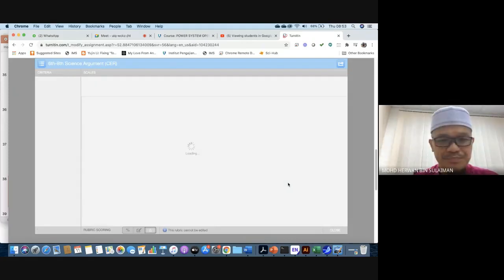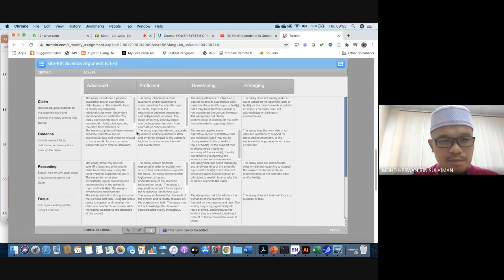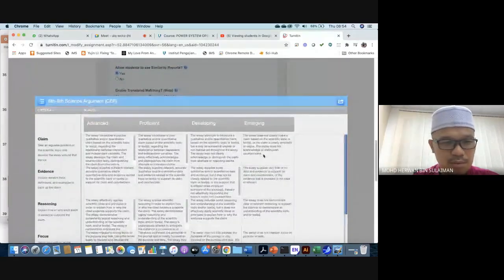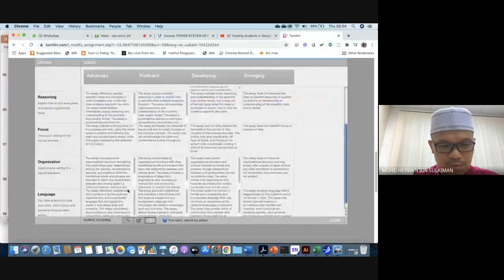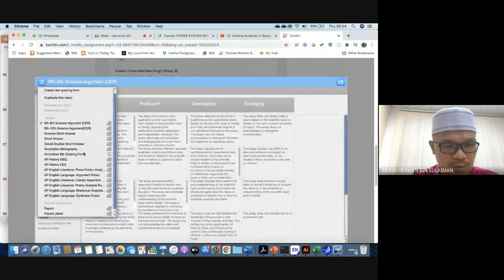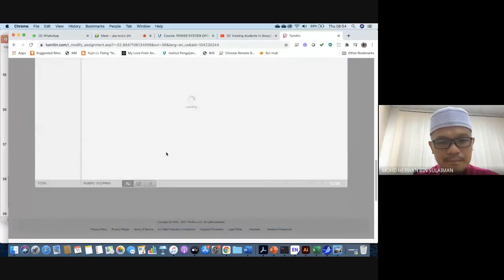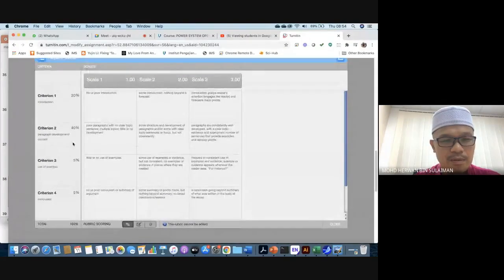So this is my rubric. Okay, this is not mine, this is someone else's. Where is mine? Rubric scoring. There are many rubrics you can follow, but I use my own rubric, it is easier. So introduction 20%, criterion 2 is the content, your main content. And then your example 5%, conclusion 5%.